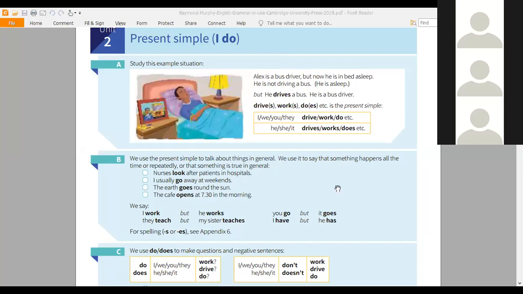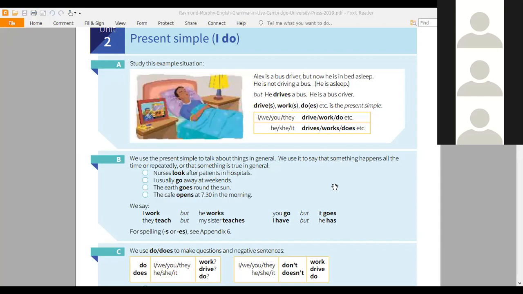If you say that I work at a school, and I am working right now, these two are telling you the different state of an action, whether your action is continuing or happens regularly. Alex is a bus driver, but now he is in bed asleep. He is not driving a bus, all right? He drives a bus, but at this point in time he isn't driving a bus, he is asleep.